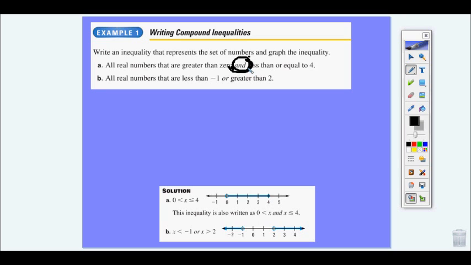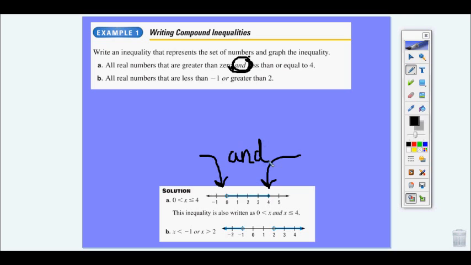It needs to be greater than, so it is an open point at 0, but it also needs to be, because of the and, less than or equal to, so we're going to have a solid point on 4.